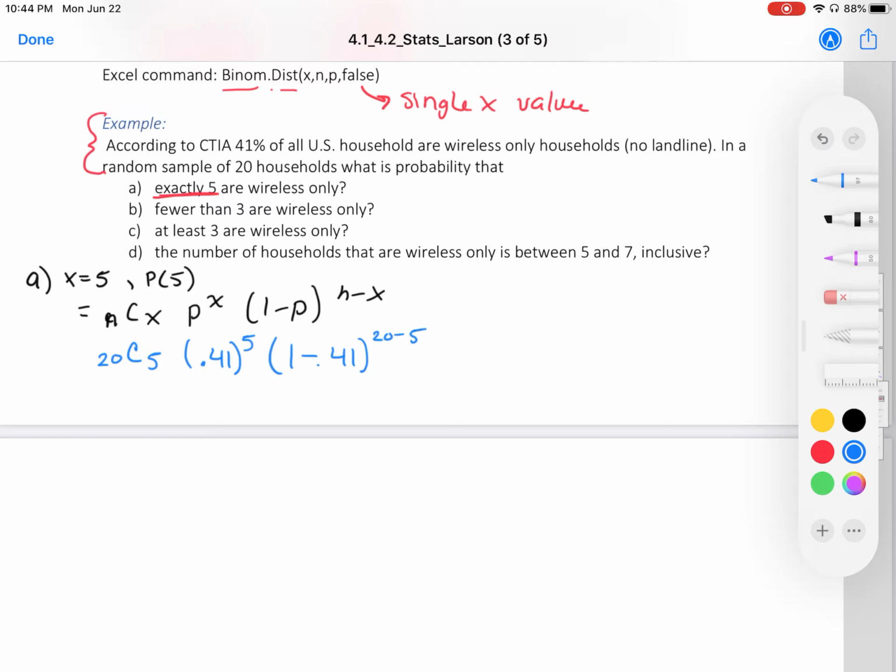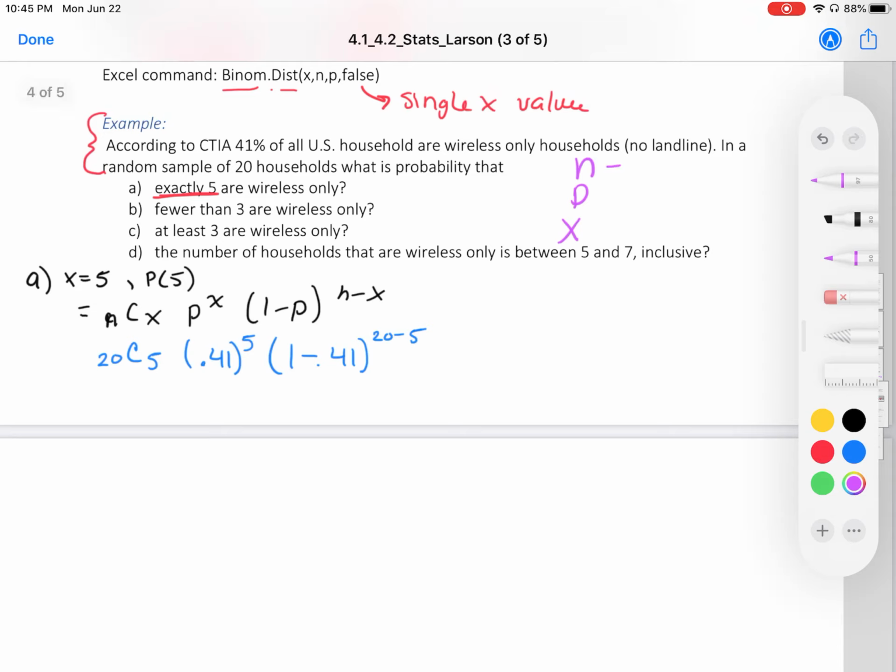Now, something I always like to do with these problems, and I fail to do at this point, is label your values, n, p, x, and if you want to, you don't have to, because you're using technology, you won't need this, but if you want to, you can always label your q. But technology does not require the q.